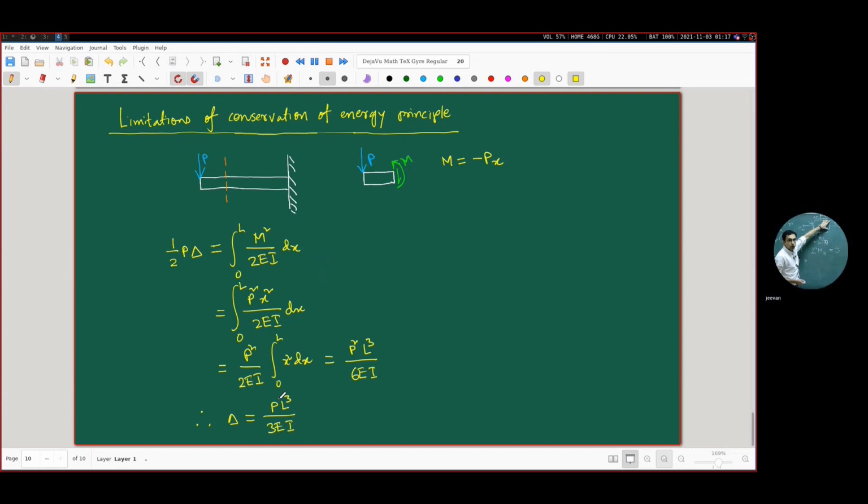So see, I have stated the name of this topic as the limitations of the conservation of energy principle, but the first thing that I have demonstrated to you is the wonderful way in which the conservation of energy principle actually works. Okay, so where it is working wonderfully well.